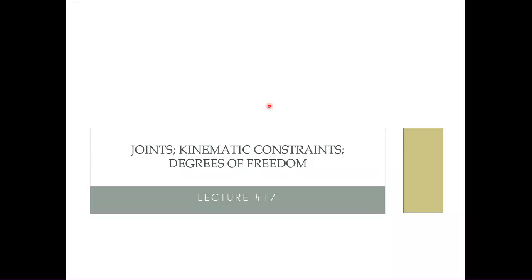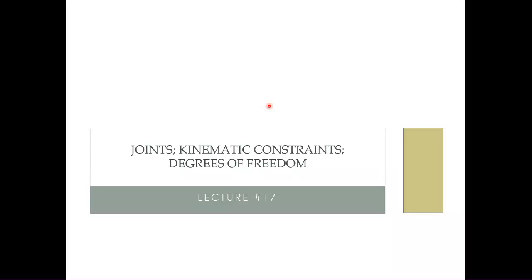In order to determine how many degrees of freedom there are, we are going to look at the joints that connect different rigid bodies in the system. For each joint, depending on its structure, there will be some constraints associated with it, and as a result, a reduction of the possible degrees of freedom.